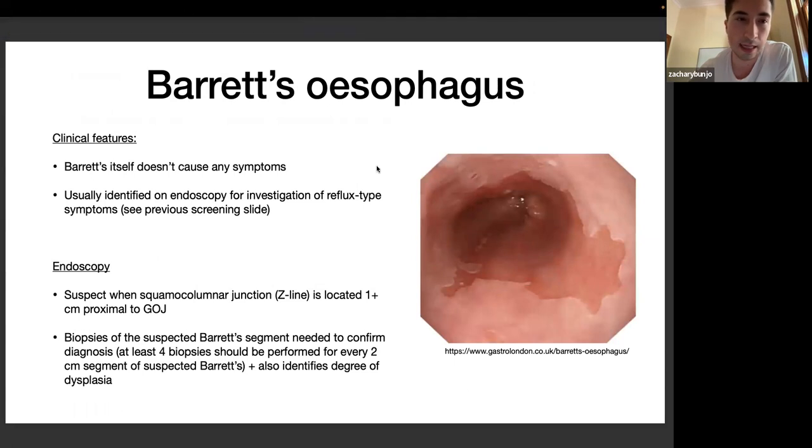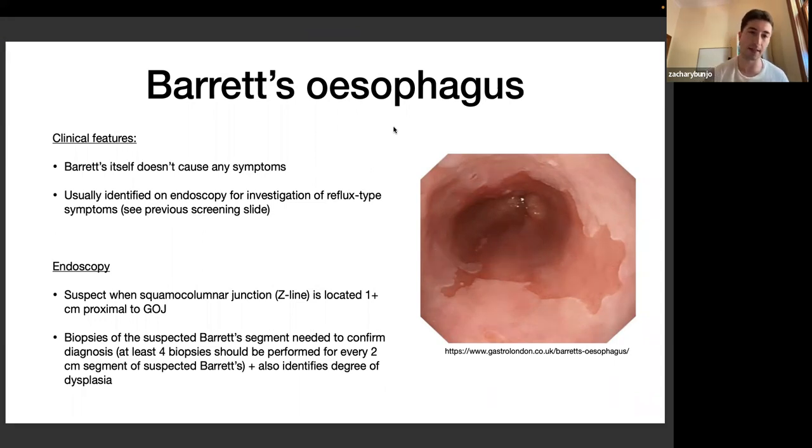So in terms of the clinical features, Barrett's itself doesn't cause any symptoms. It's usually identified on endoscopy for investigation of reflux symptoms. So that's how it would be picked up.